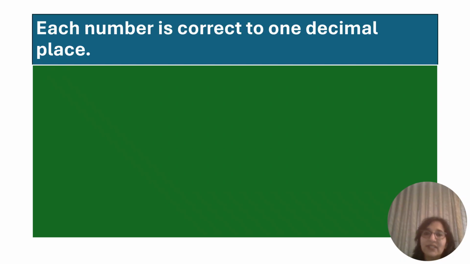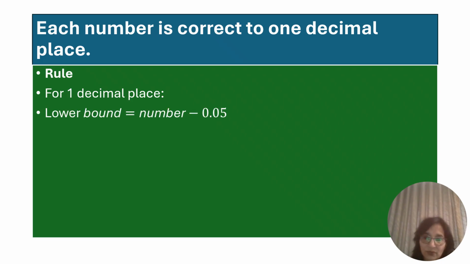Now, each number is correct to one decimal place. So the rule for one decimal place is that the lower bound will be equal to the number minus 0.05. Please remember this, very important. Certain rules you need to remember while you're solving lower and upper bounds. For the upper bound, number plus 0.05.